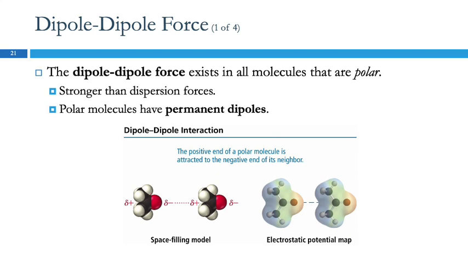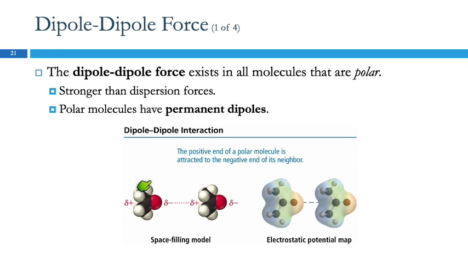And that's going to help us in this chapter. Dipole-dipole forces are stronger than dispersion forces because polar molecules have permanent dipoles. Instead of the dipole coming and going and being induced by neighboring molecules, these molecules always have dipoles, and so that charge is always there to attract something else.